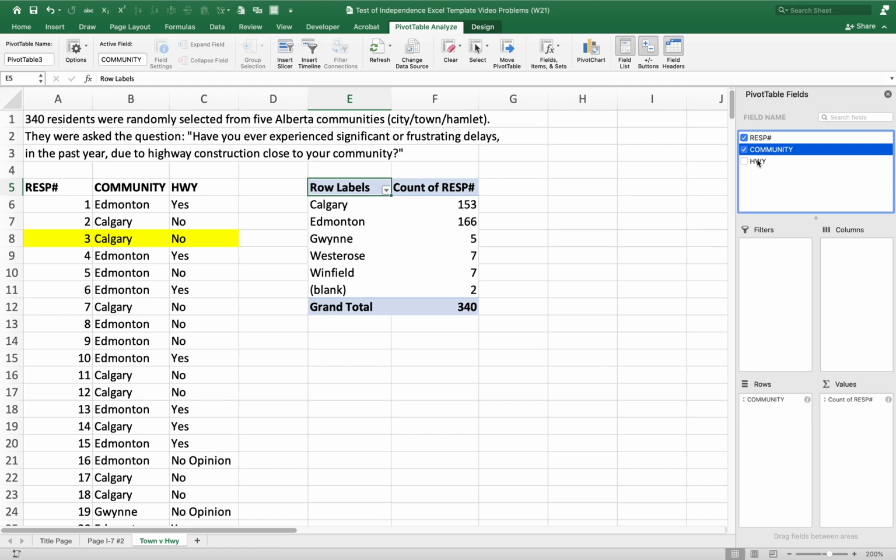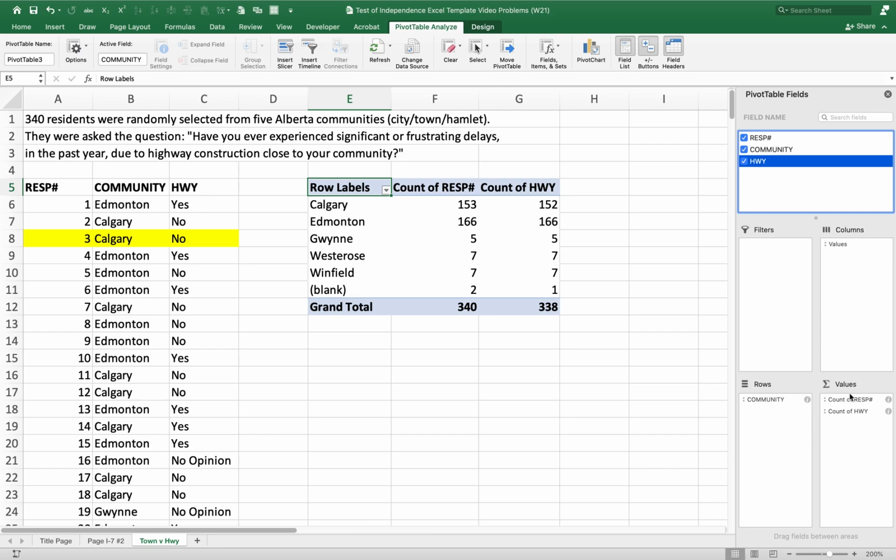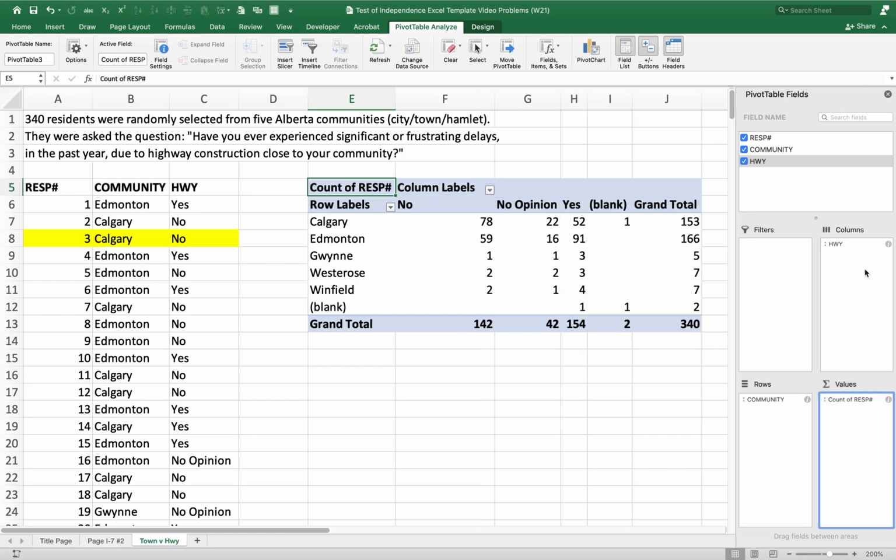and click on the highways and drag that down. By the way, if you just click on the highways, it actually puts it down in the sum of the values, and that's not a problem. You can just click and drag that up now, and it will change it back into the counts here. So this is what I end up with: Calgary, Edmonton, Gwyn, Westeros, and Winfield, which are just small little towns or hamlets.